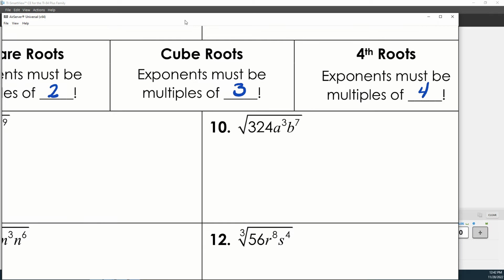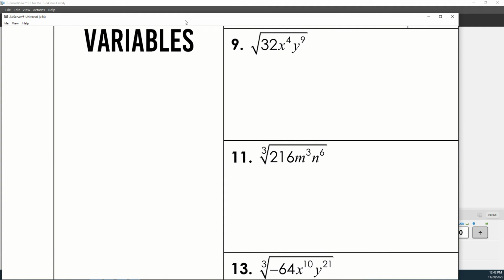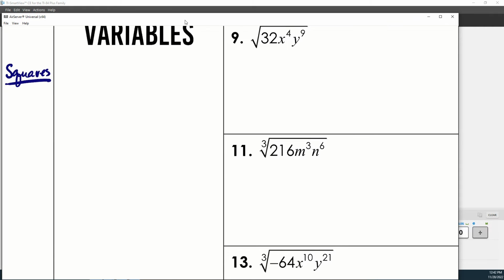So over to the side, I'm going to make some lists of variables that are perfect squares, cubes, and fourths. All right. So any variable, so x, y, a, b, c, whatever, that has an exponent that's even is a perfect square. So I'm just going to write it with the x's, but this works for any letter, any variable. And it keeps going on and on.